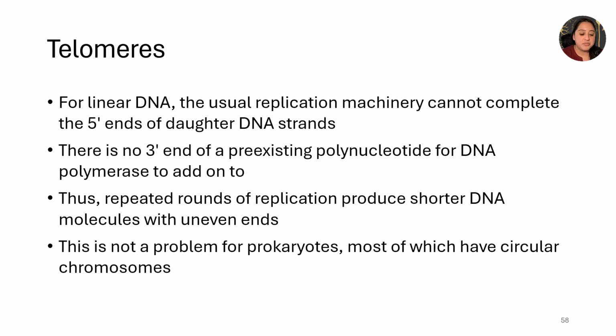And so for linear DNA, like in ours, we have linear DNA molecules and chromosomes, versus bacteria and prokaryotes who have circular chromosomes. For linear DNA, the usual replication machinery can't complete the 5' ends of the daughter strands, because remember, there has to be a little primer at the 5' end of a strand so that DNA polymerase can start building the new daughter strand.